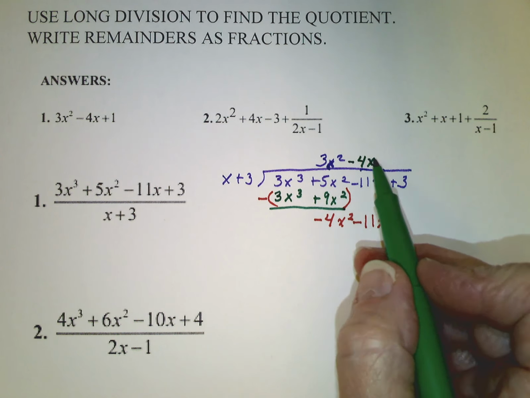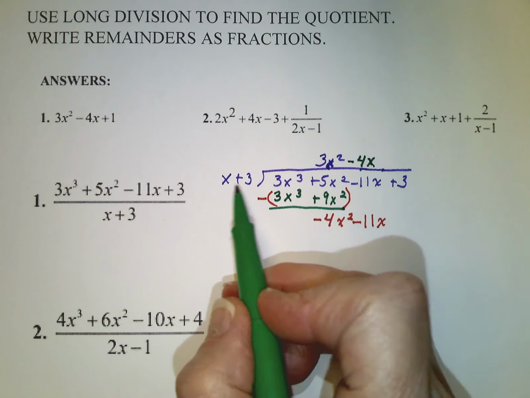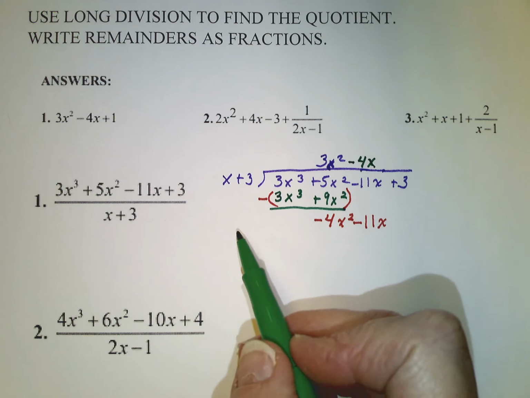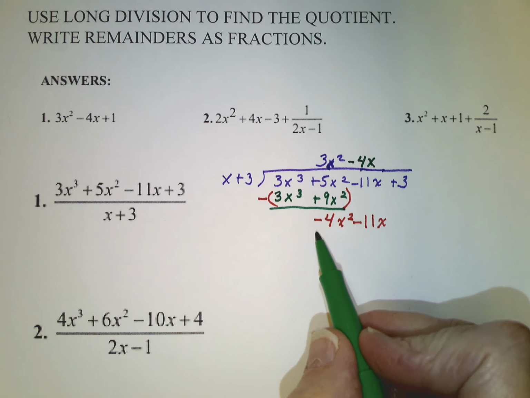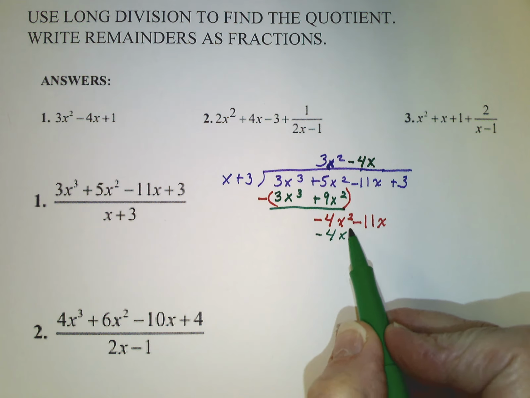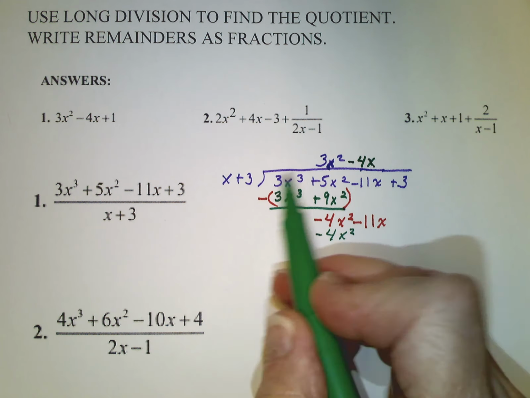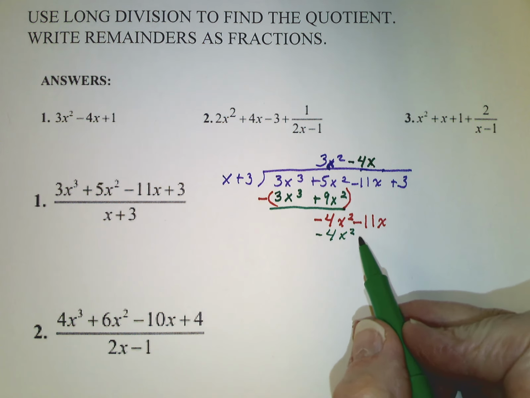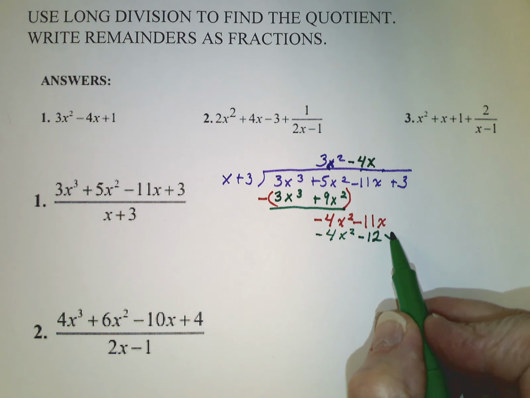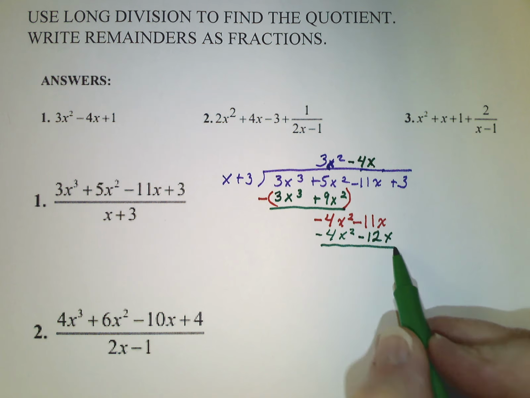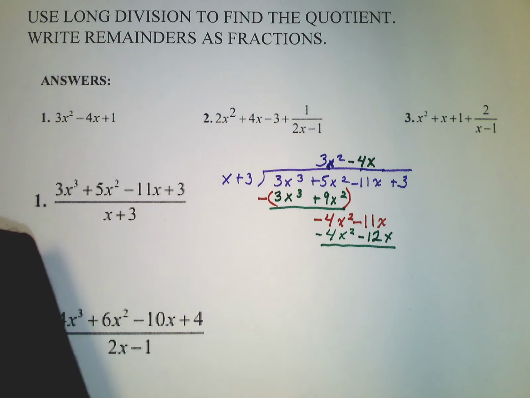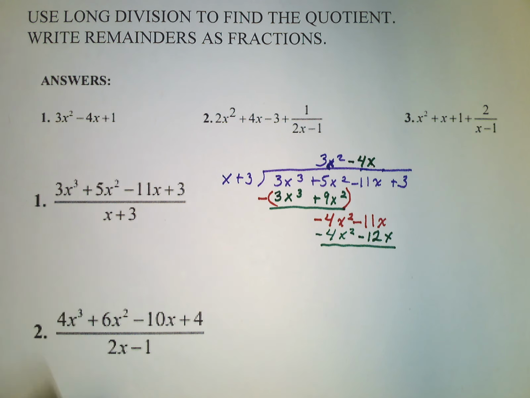So we're going to multiply negative 4x times both of these. We know the negative 4x times the x is going to come out to negative 4x squared, because that's why we picked it. And then the negative 4x times the positive 3 is going to be a negative 12x. And then we're going to subtract.